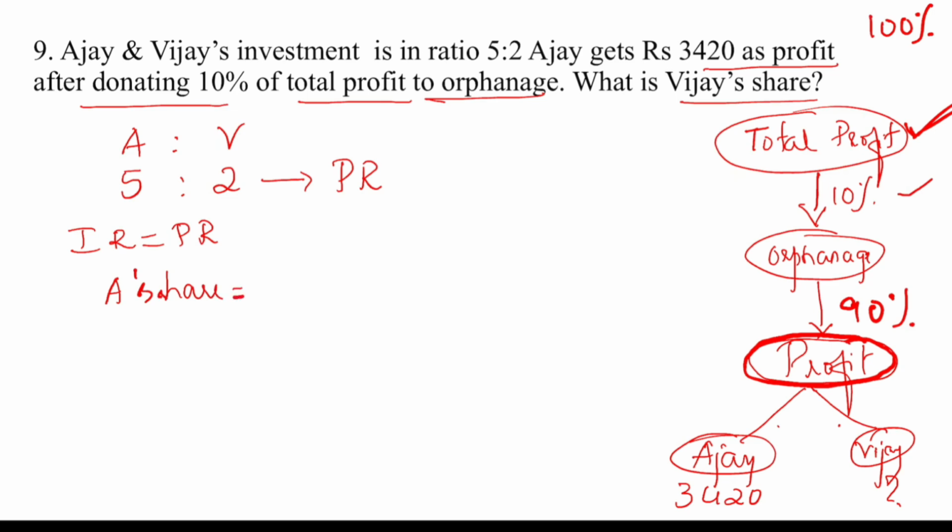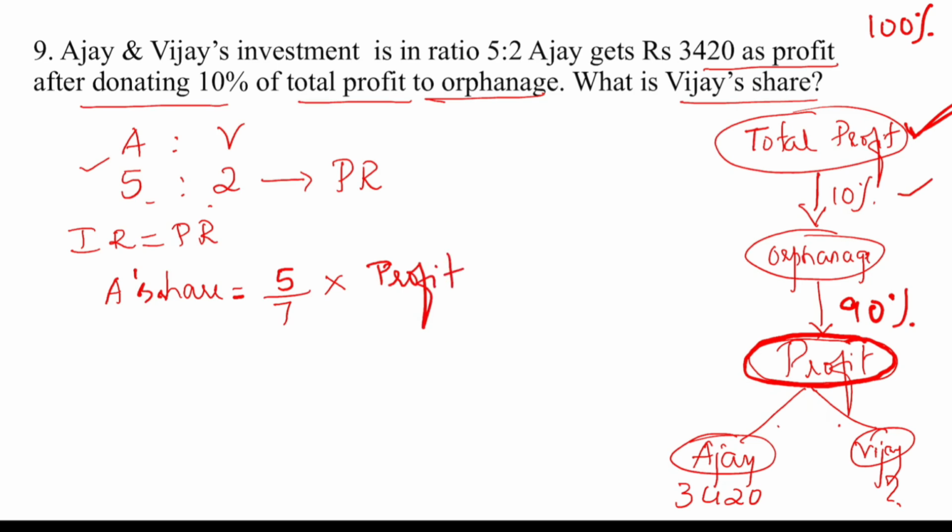A's share in the ratio is 5 parts. 5 divided by 5 plus 2 is 7, so total is 7, into the profit they'll get.